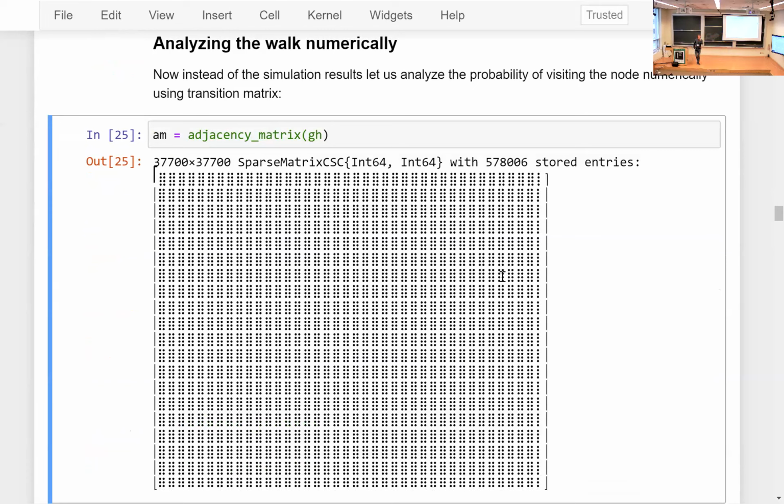That's why I said earlier that I took a large graph, not super large, but large enough that it could be challenging if it's not done properly. By default, I get a sparse matrix. We see that we have around 600,000 non-zero entries, which is 2 times the number of edges, because it's a graph, so it's symmetric.